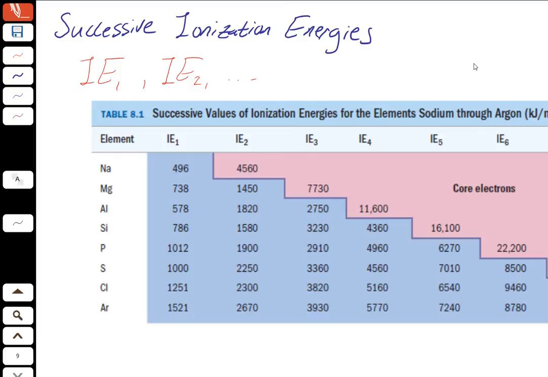Increases, yeah. Successive ionization energies are always going to be increasing. So it always, always, always takes more energy to remove successive electrons.